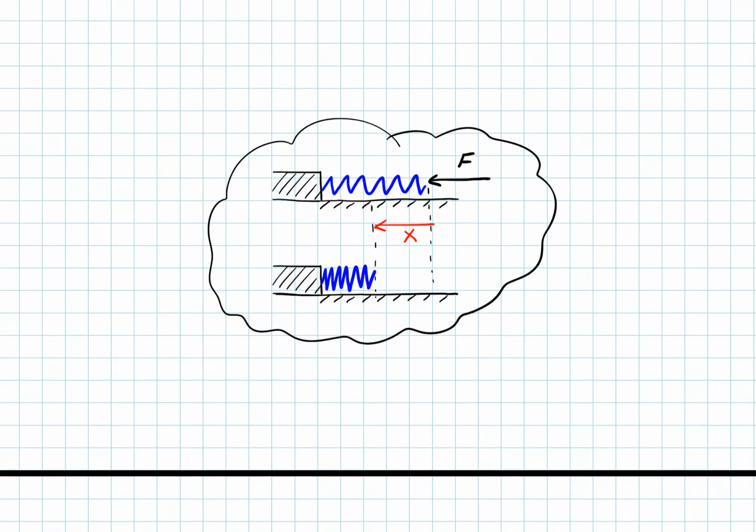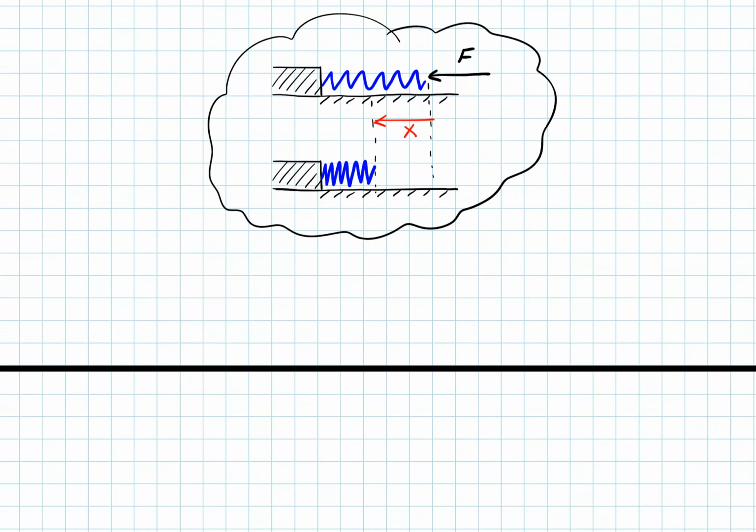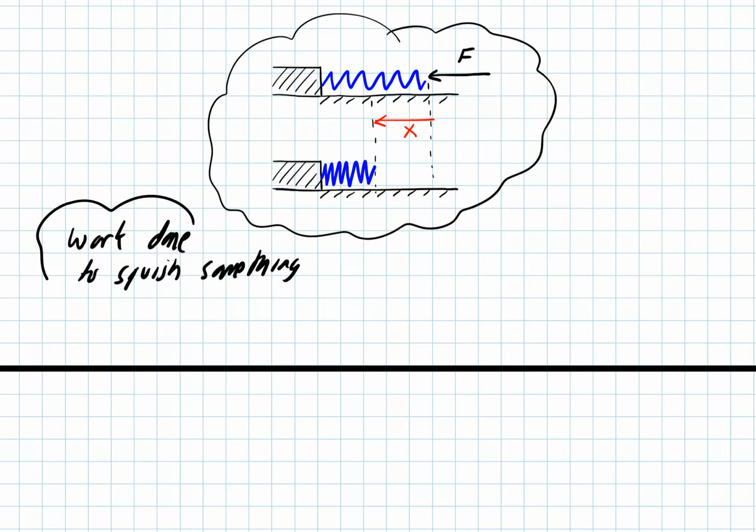In the next context, we didn't make anything speed up. Work done to squish or stretch something elastic. In this case, the spring wasn't moving before, it isn't moving at the end, and so the work you do didn't make anything speed up.